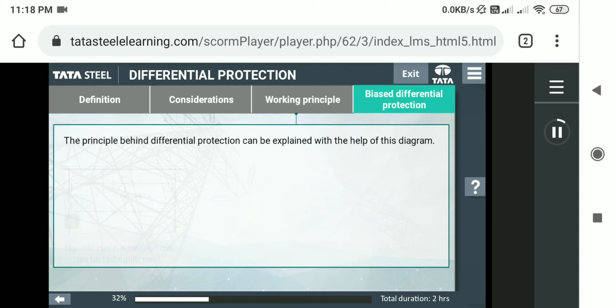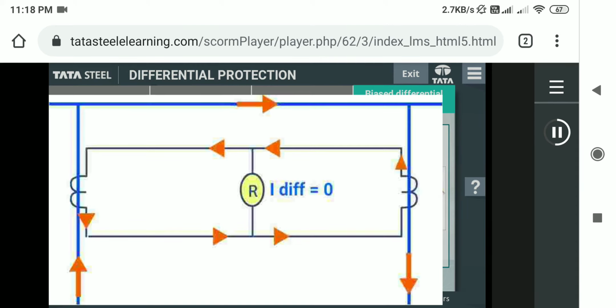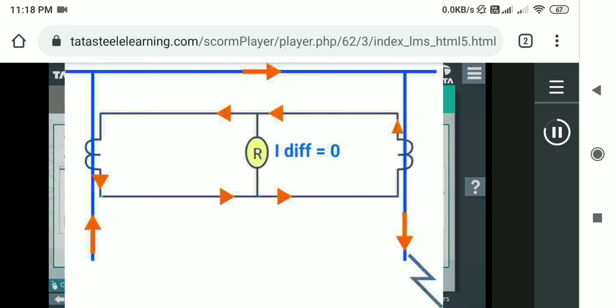The principle behind differential protection can be explained with the help of the following circuit diagram, having an incoming feeder and an outgoing feeder. Click each image to view the enlarged version.